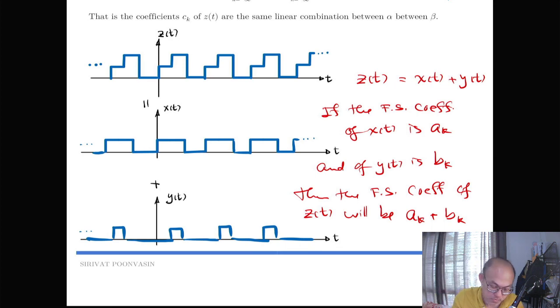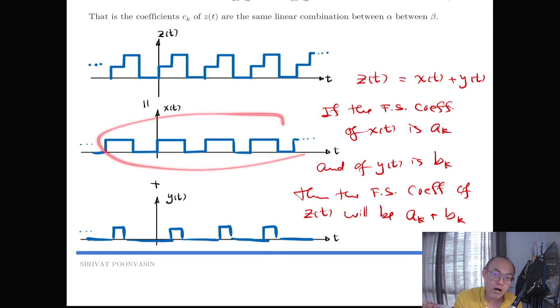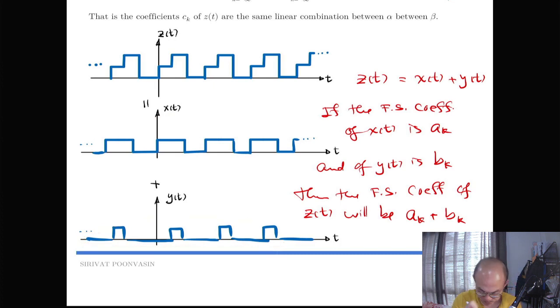Sorry, except that x(t) is a time-shifted version of the rectangular pulse signal, and y(t) is also a time-shifted version of the rectangular pulse signal. So I think we could easily find a_k and b_k.